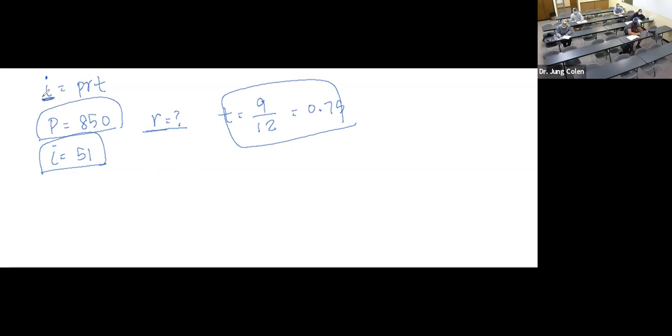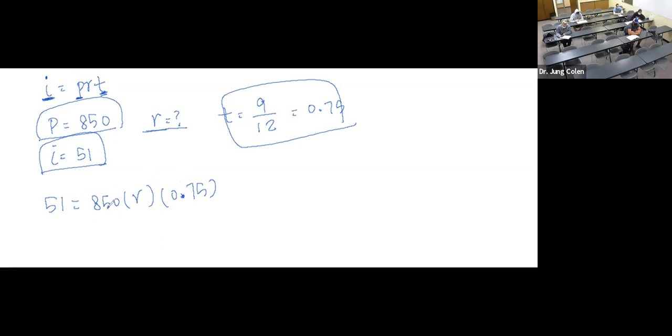What's I? 51. So 51 is P times 850 times what is R? R, we need to find what R is. So R, P, 0.75. Now we can just simply solve for R, right?